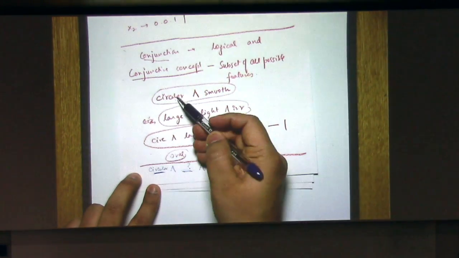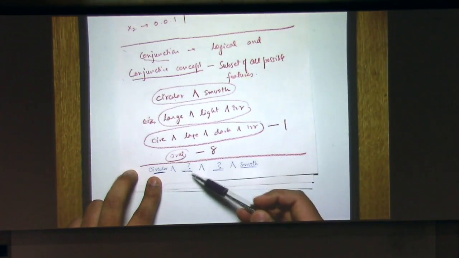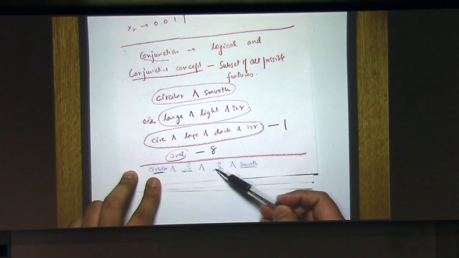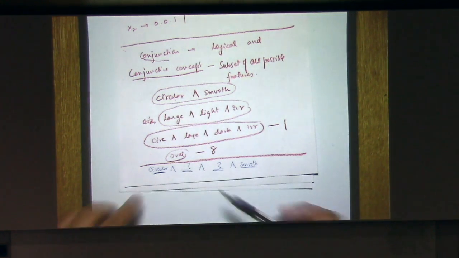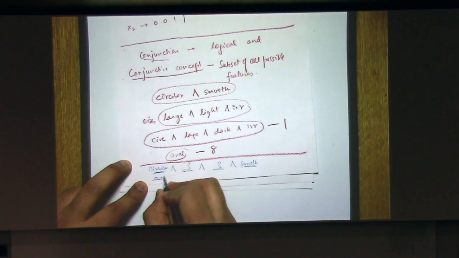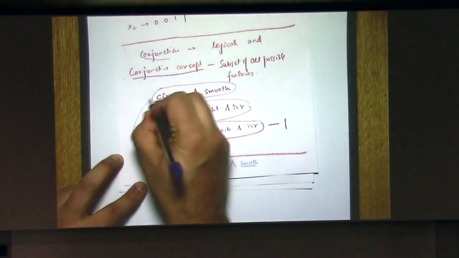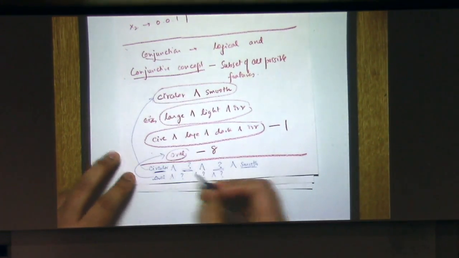If your concept has circular, then you put circular here. If it has nothing for this particular feature, then put a question mark, and so on. So oval will look like this: oval, question mark, question mark, question mark.